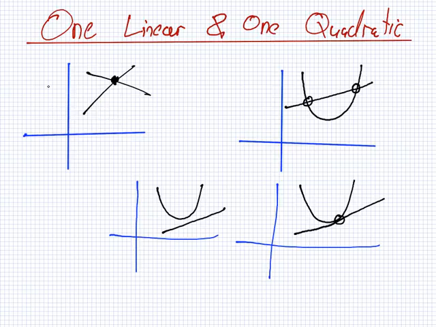What's that? If the lines are parallel, or it's the same line. Yeah. So we could have two solutions, one solution, or no solutions.